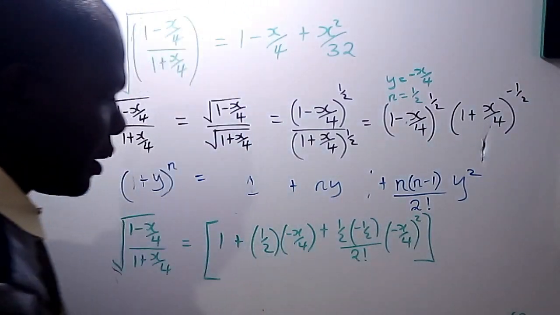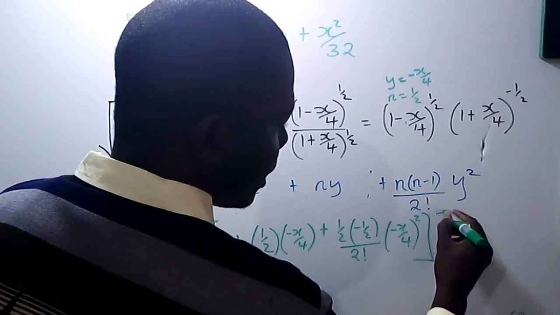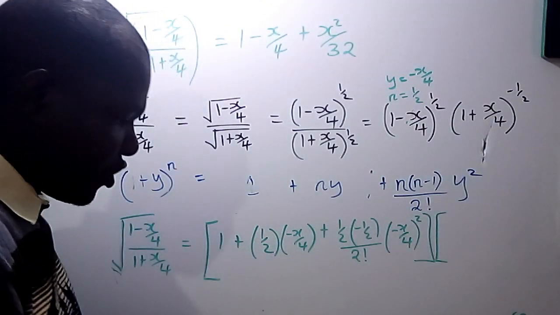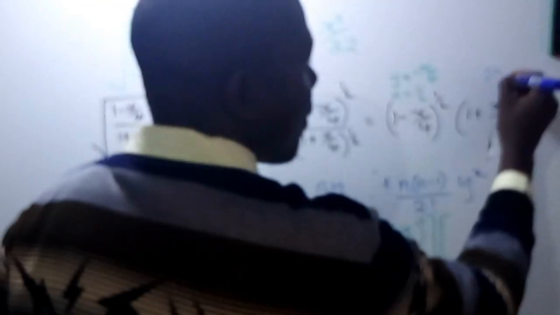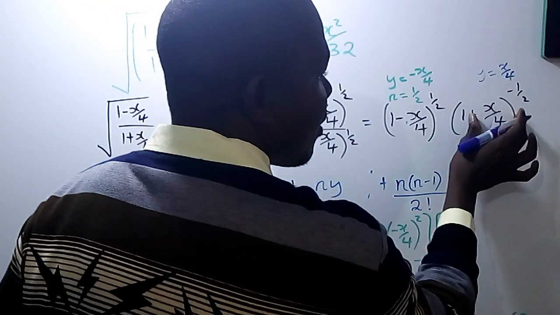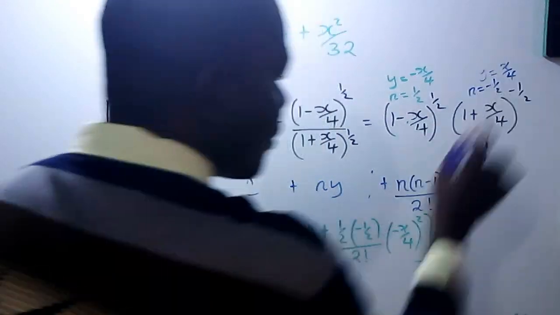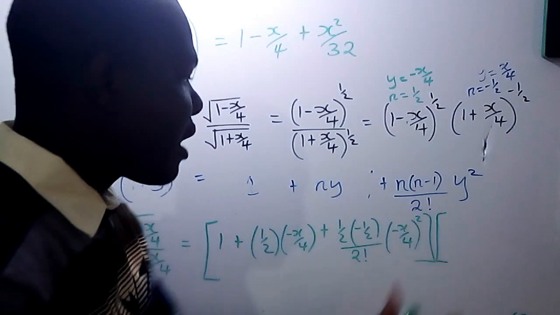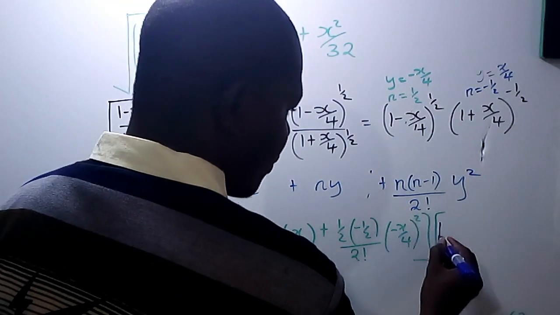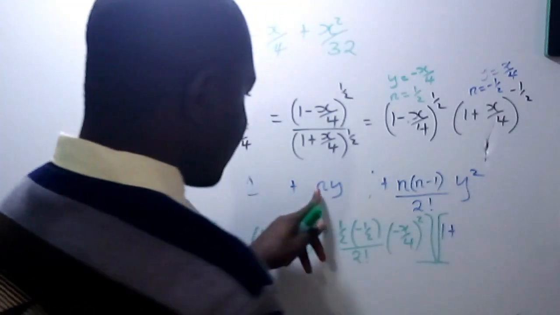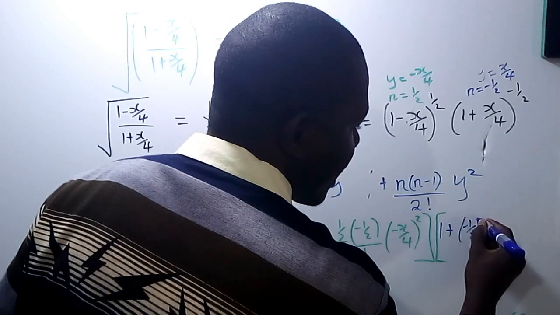squared. Then that expansion, we multiply it with this second one. So this second one, y is positive x over 4 and n is negative 1 over 2. So if we expand this one, we have the first value is 1, plus n times y. n for the second is negative a half.